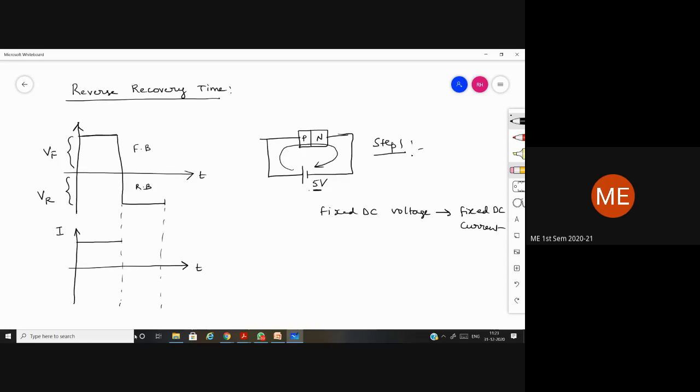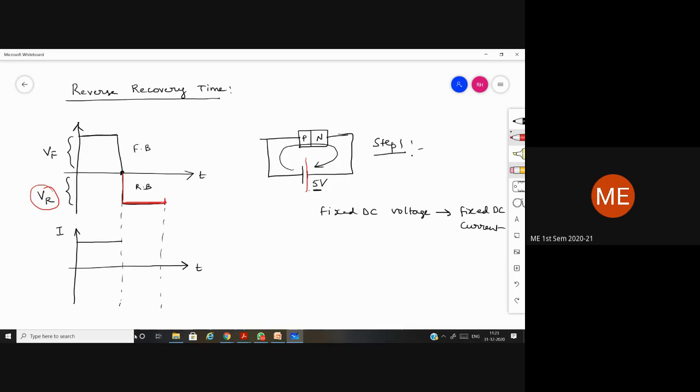And suddenly at this particular time, I'm going to suddenly give this voltage. What is this voltage? Reverse voltage. I'm giving negative voltage, which means it becomes the reverse voltage.